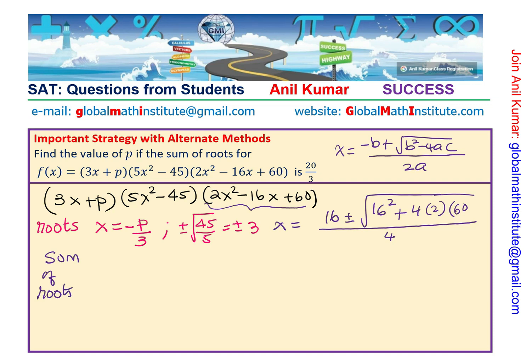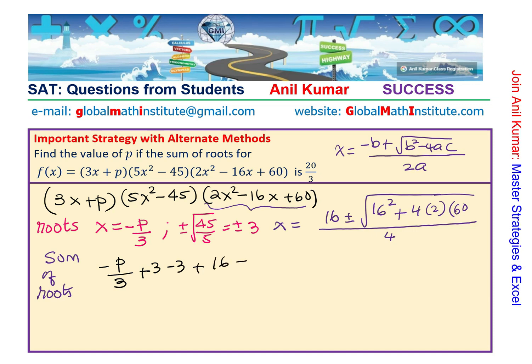So let's write down in a different way: minus p by 3 plus 3 minus 3 plus 16, plus something, right? 16 by 4, let me write, which is 4. And then again, let's say that this whole value is a, so that will cancel.